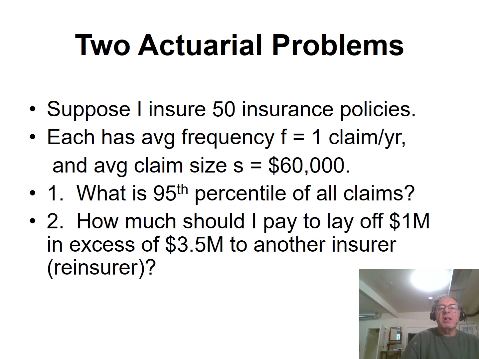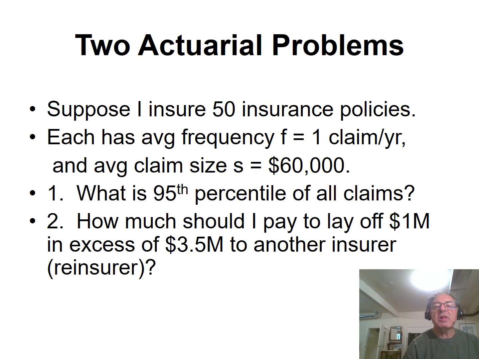If you're one of the people I insure, you could have 0 claims, you could have 1 claim, 2 claims, 3 claims, you might have 10 claims. I don't think we'd renew you if you had 10 claims. So this 1 is the average. It's the expected value over a distribution of a wide range of values.